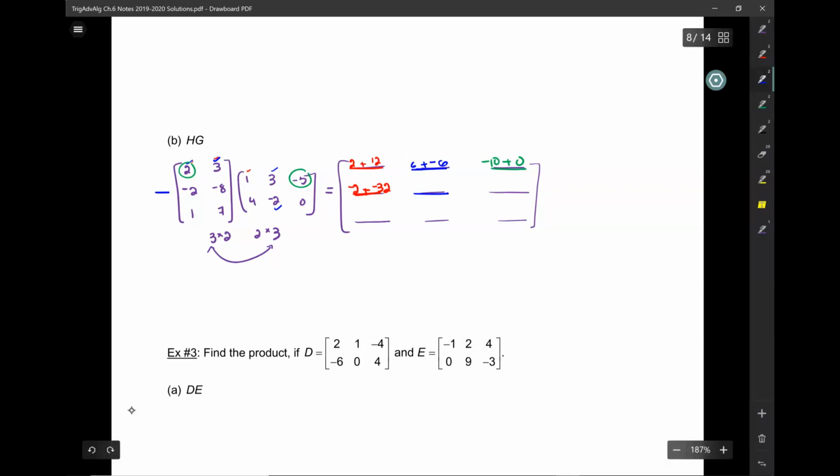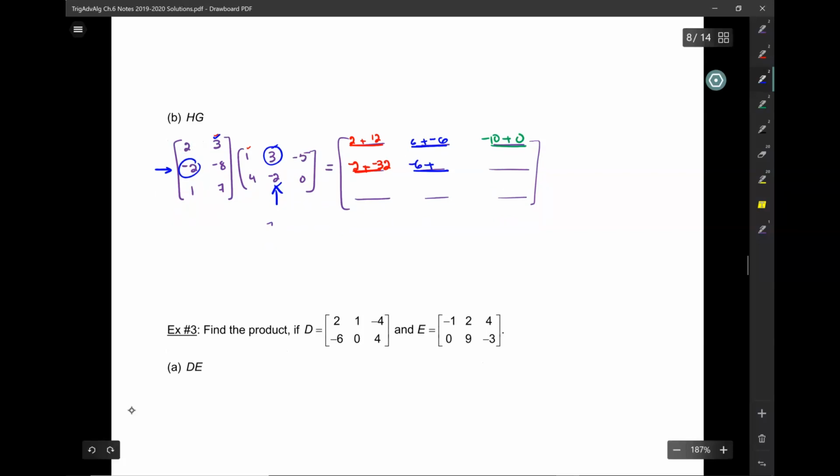So I have first one with the first one, 2 times negative 3. Negative 2 times 3 is negative 6. Plus, second with the second is positive 16.